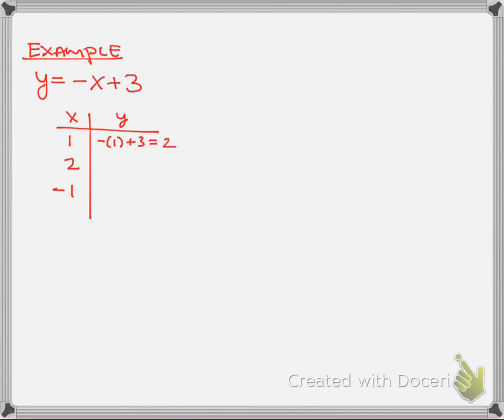Trying the next one, here we have -2 plus 3, and -2 plus 3 is going to give us 1. For the last one, let's substitute -1 in. So -1 plus 3. I know that a negative and a negative is a positive, so that's +1 plus 3, which is equal to 4.